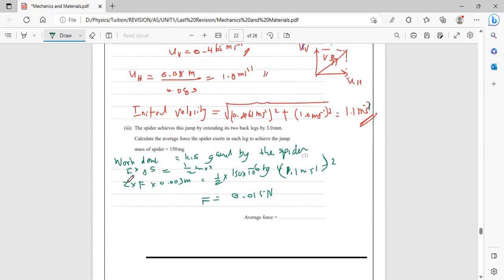Since it's 2 legs, that has to be multiplied by 2. Right? So that work done would be equal to the kinetic energy gained by the spider. So that's half m v squared. Mass is 150 milligrams, so it's multiplied by 10 to the power minus 6 to convert that to kilograms, times v squared. v is the velocity 1.1, which we found. So the force would be 0.01015 newtons.